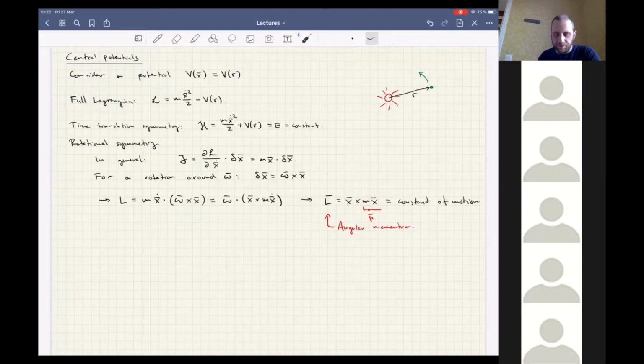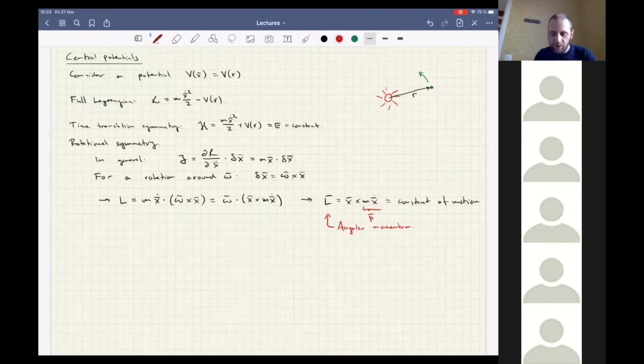This means that both the position and the velocity must be orthogonal to L. And so this means that since L is conserved, both x, the position, and the velocity x dot must be in a plane perpendicular to L.